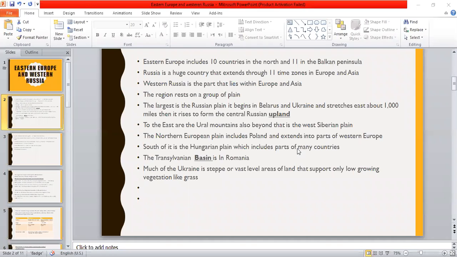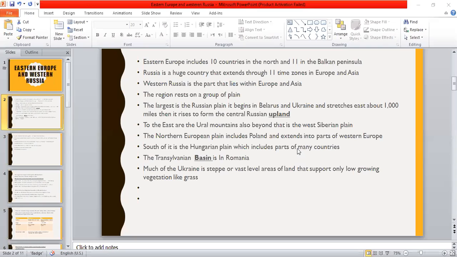If I ask you why rivers are important in any country, you will tell me these two reasons. They are considered a very important way of transportation, and at the same time a very good way to create electricity because of hydroelectric power. So like any region, Eastern Europe and Western Russia has its share of rivers.